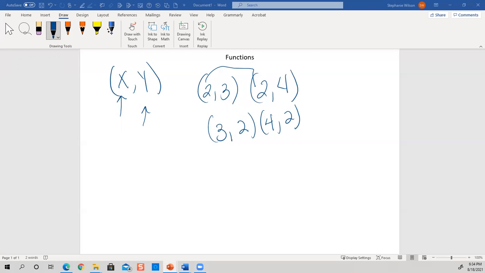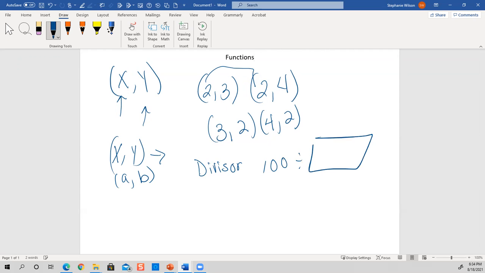We're going to have to determine how many divisors of that number. So if we use 100, divisors of the number, we can't have a repeated number in order for it to be a function. Okay. Of course, this is just a refresher, just an update about functions.